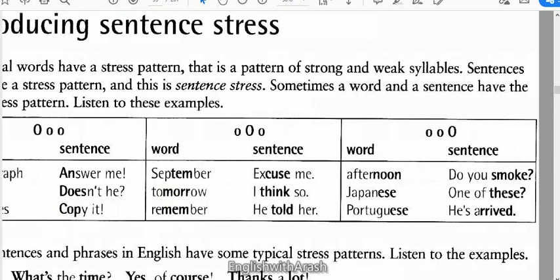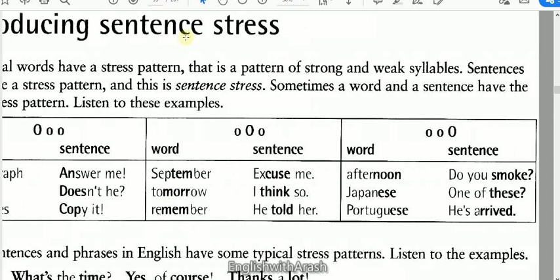I'm just going to read them. September, excuse me. Tomorrow, I think so. Remember, I told her, or he told her. Stress on "told." And also some more examples here.